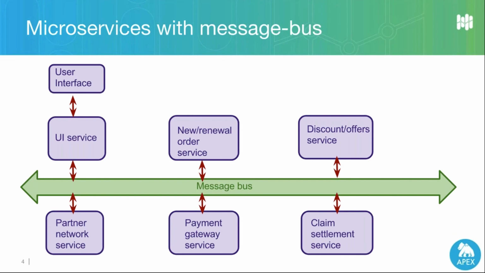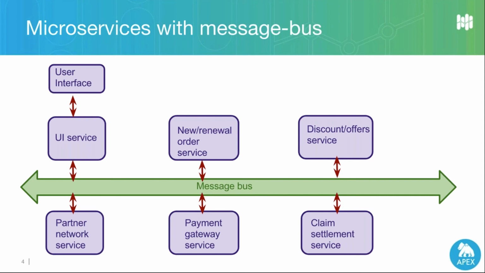So the alternative way to design this is to have a common message bus, where each component reads from the message bus, does whatever processing it wants, and writes back to the message bus. This greatly simplifies your architecture, right?